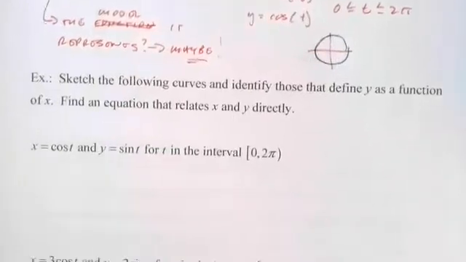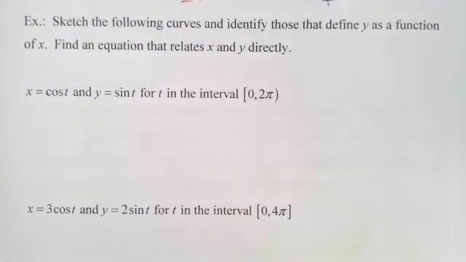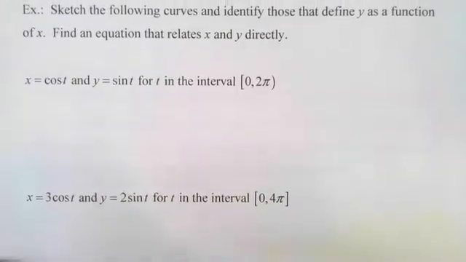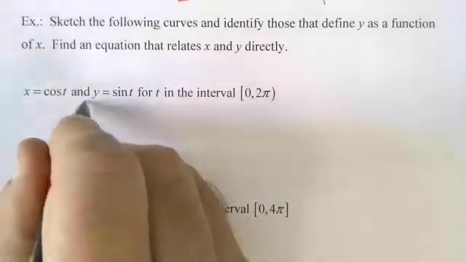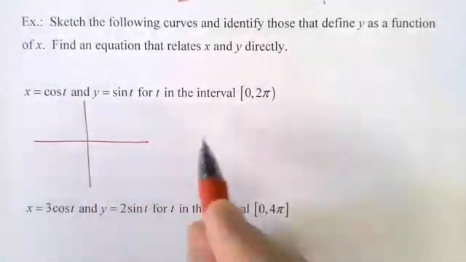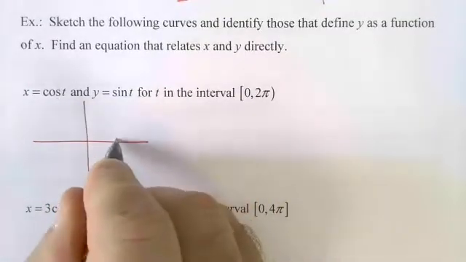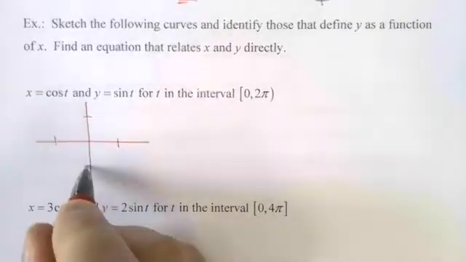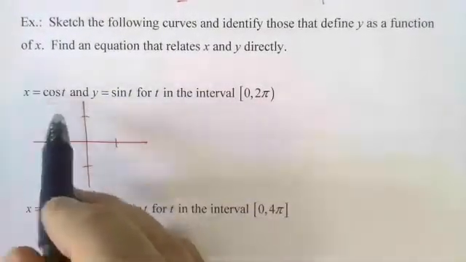So sketch the following curves, identify those that define y as a function of x. Sure, whatever you say. Find an equation that relates x and y directly. I don't know about the identifying, but let's see what we got here. So plug in 0. Cosine of 0 is 1. Sine of 0 is 0. So it starts there. As it goes around 2 pi, if you try pi over 2, hey, that's at 0.